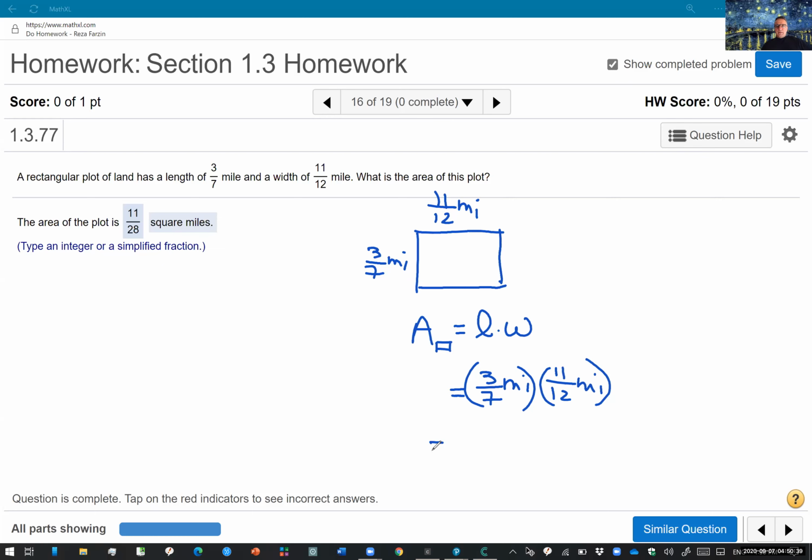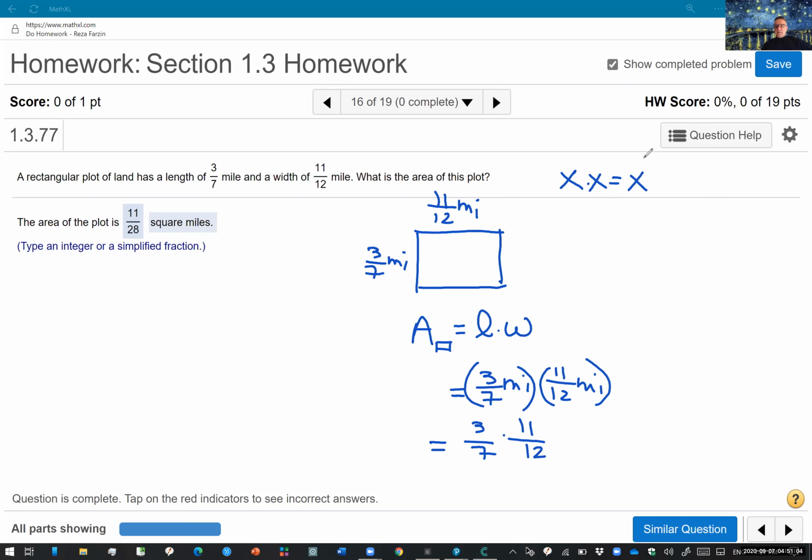Now I put the miles in on purpose, because now I'm going to separate them. So now I'm just going to put 3/7 times 11 over 12. But I want you to see why the units of area become squared. Because look, mile times mile. What is x times x?